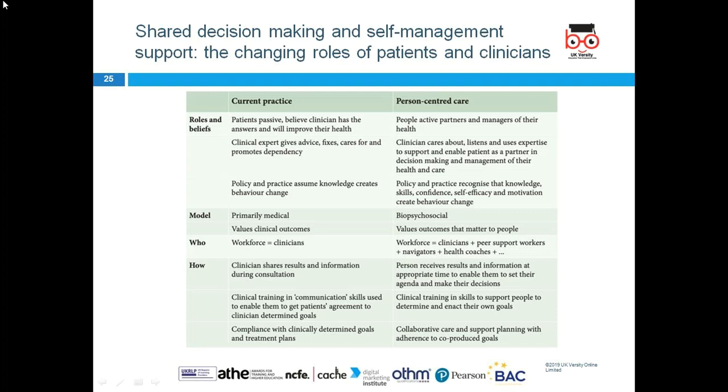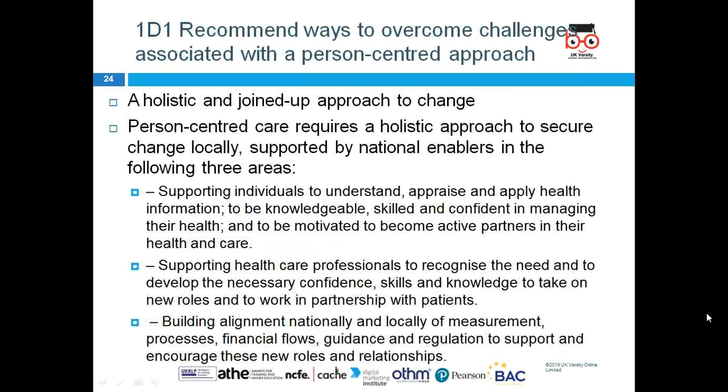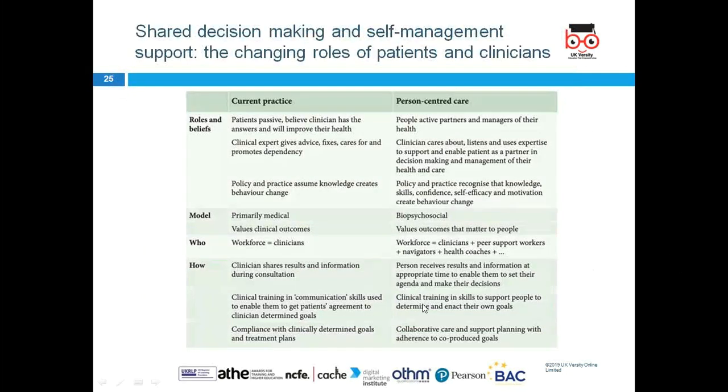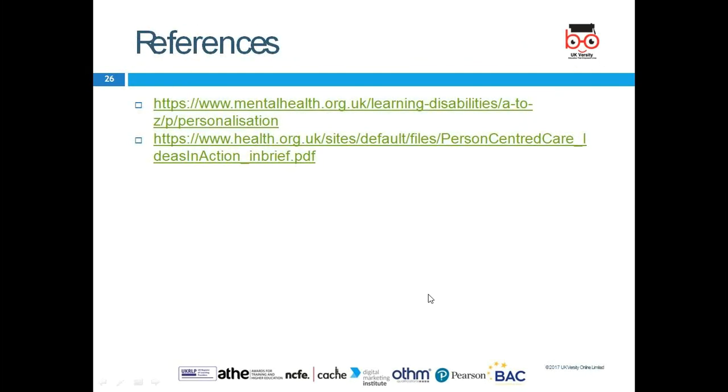If you're working together, you can liaise together and save a lot of time and money. And then also the points that we've gone over here. This is a very good chart to show how you can overcome issues with person-centered care. And then to the end.